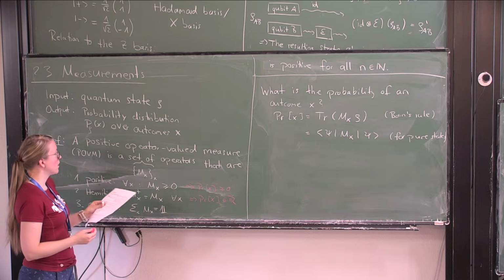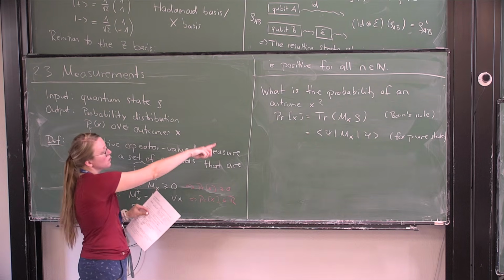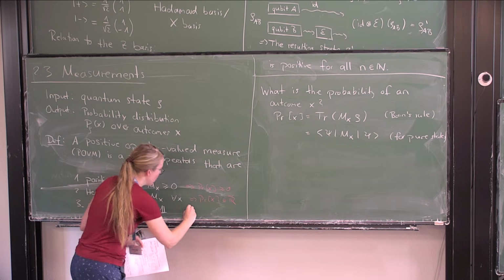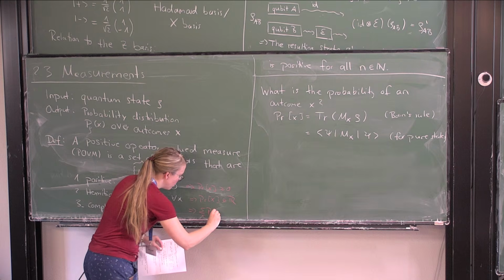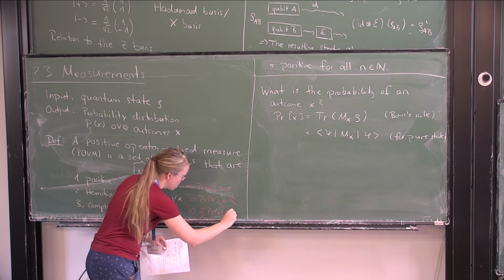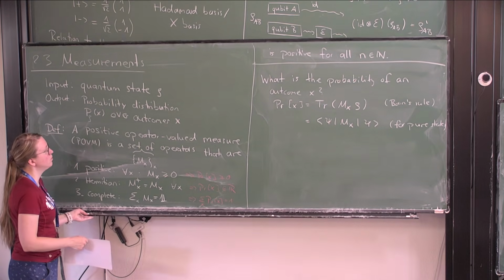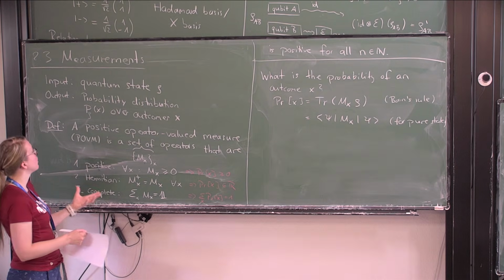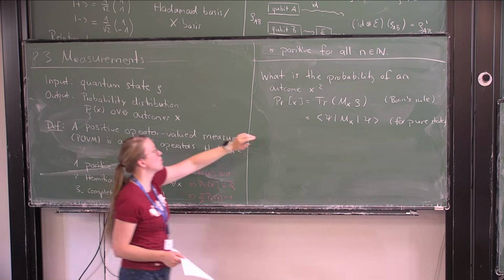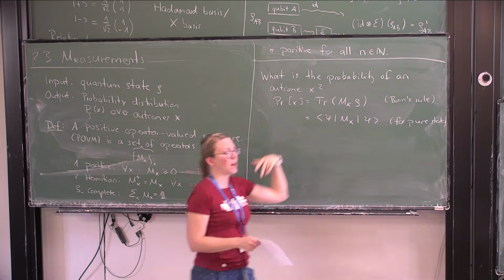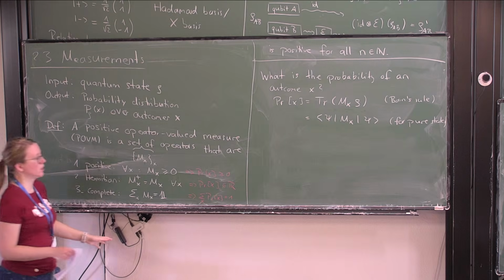And lastly, the completeness of these operators guarantees that the probabilities you get out of here sum up to 1. So you have a proper probability distribution. Actually, if you start with this requirement that your output is supposed to be a probability distribution and use this rule, then you can derive that this is exactly the object that fulfills these properties.